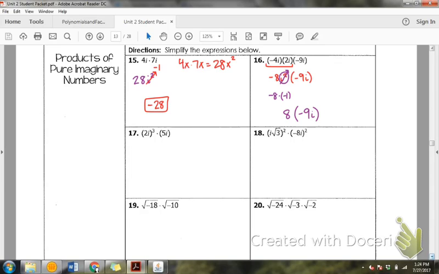Wait, how'd you get the positive 8 out of that one? Because i squared turns into what? -1, right? And then we multiply -1 times -8 to get a positive 8. Okay? What is 8 times -9i, do you think? -72i.